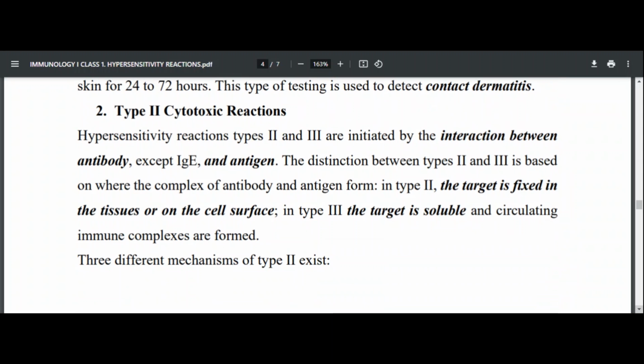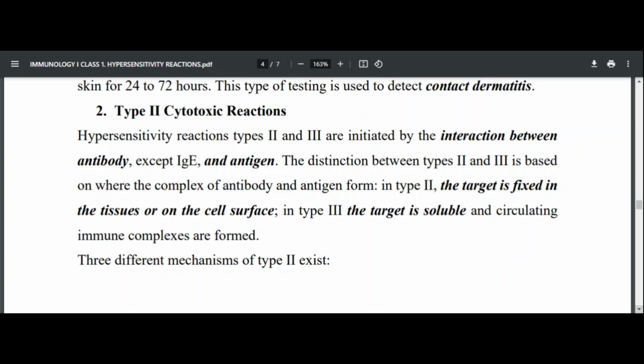Of course, where the antigen is located. If the antigen is fixed on a tissue or a cell surface, it will also involve interaction of antigen with the antibody, but that is happening on a tissue or a cell, then it is type 2 reaction.